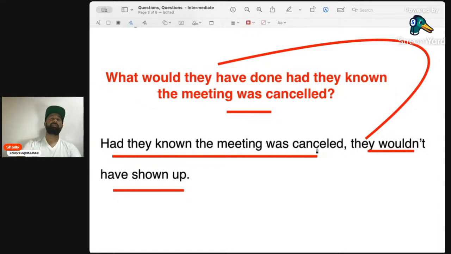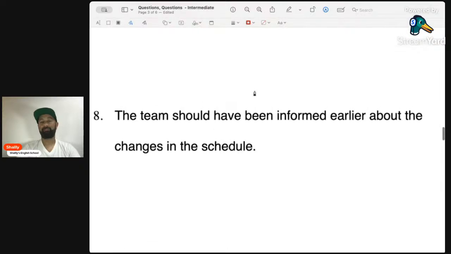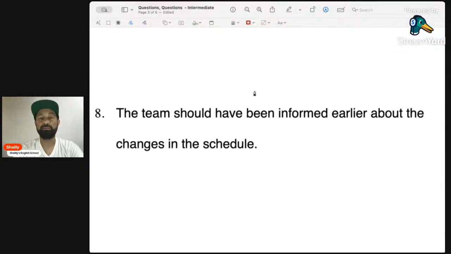So just use the same words. It becomes much easier. Number 8: the team should have been informed earlier about the changes in the schedule.